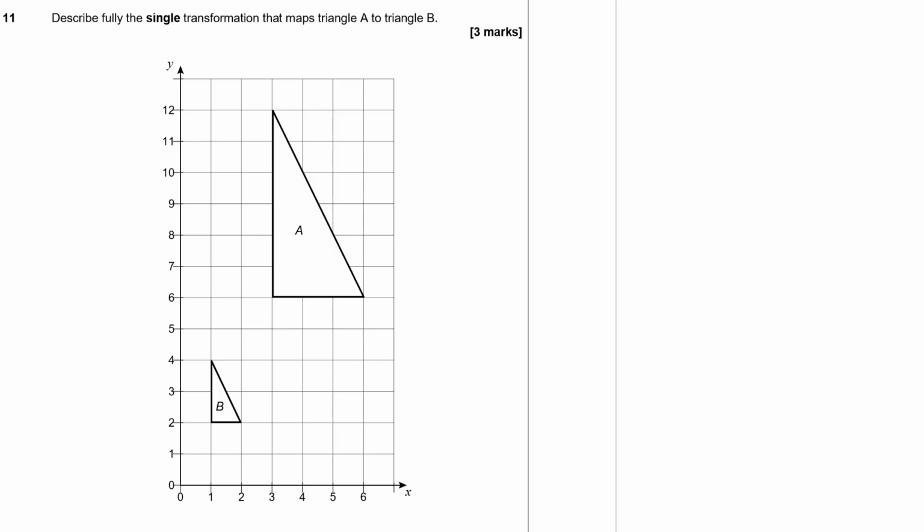To find the scale factor, we just need to find two sides that are the same and compare them. This side is of length 3, this side is of length 1. So triangle B is 1/3 of the original length, and the scale factor is going to be 1/3.